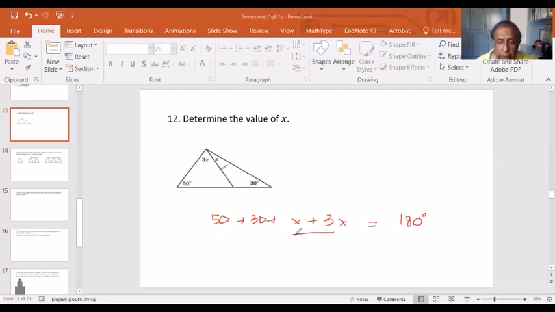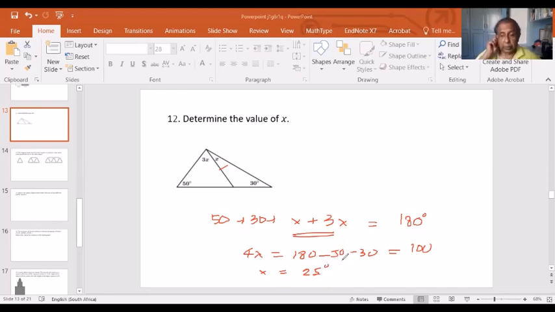So you bring all the x's to one side, x plus 3x is 4x, and 180 minus 50 minus 30, because you take the 50 and the 30 to the other side, 180 minus 80, which is 100. So 4x is equal to 100, so x has to be 25 degrees.